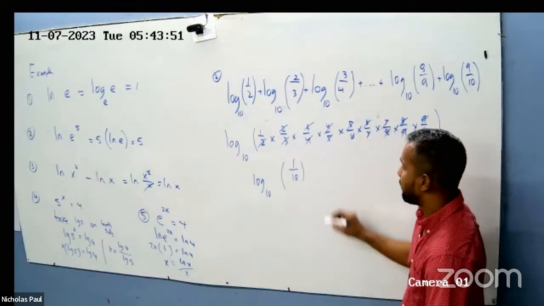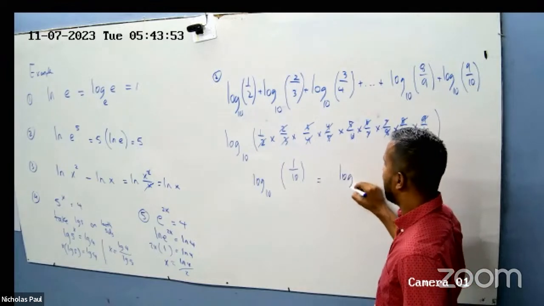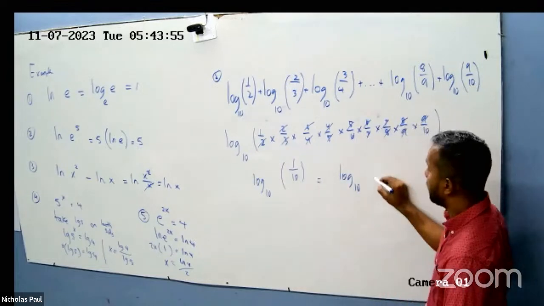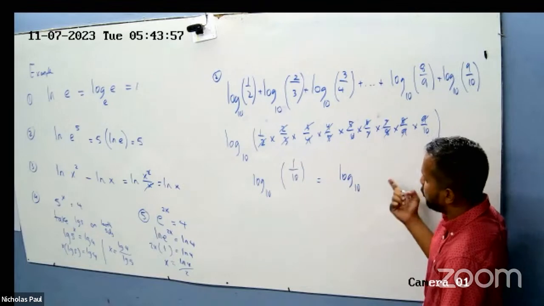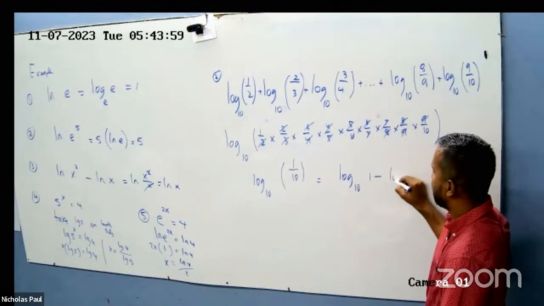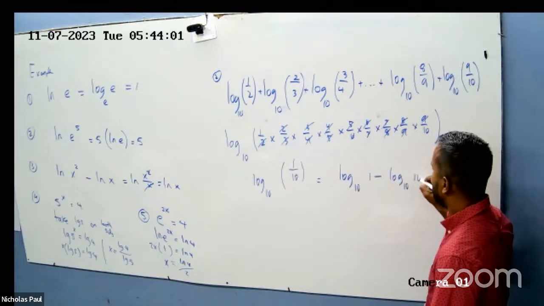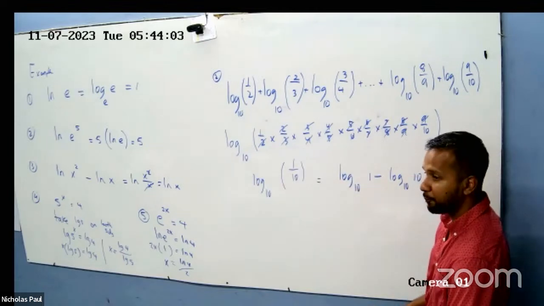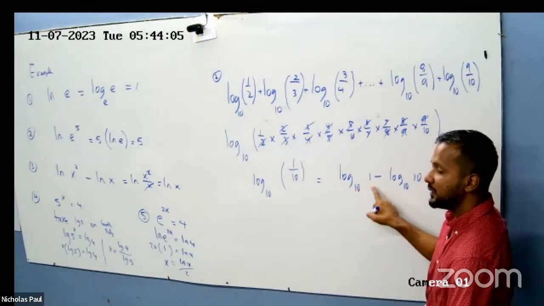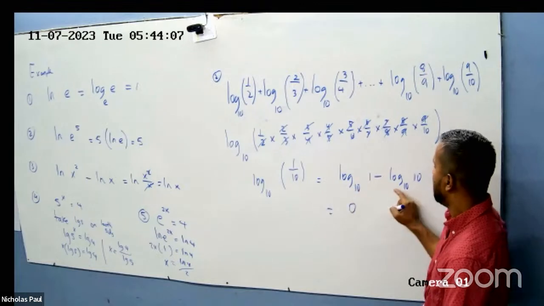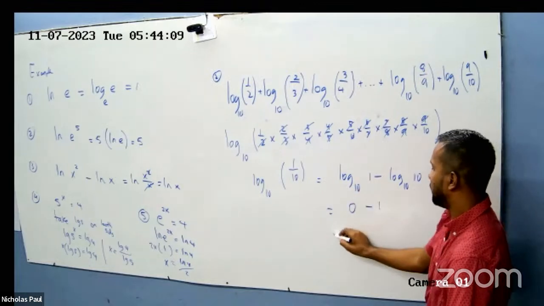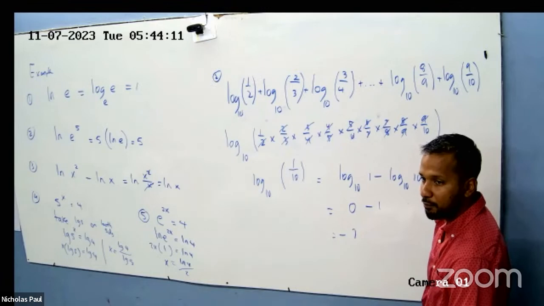So you're going to get log to the base 10 of 1 on 10. There are 2 options: you could write it like this, or you could say 10 to the minus 1. Log to the base 10 of 10 to the minus 1, so the answer is minus 1.